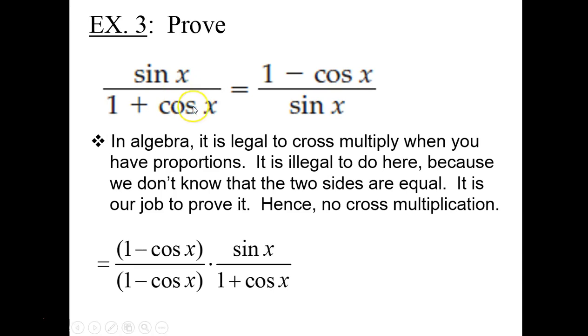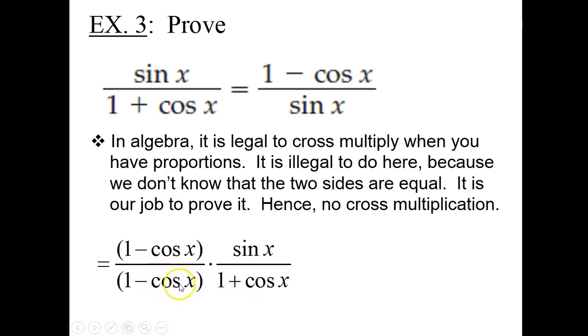And here's what I'm going to do. This is where I talked about multiplying by 1 in a useful way. So I have this sine x over 1 plus cosine. I'm going to multiply by 1 by writing 1 as 1 minus cosine over 1 minus cosine. Number one, this does equal 1, but why did I choose to write 1 in that form?